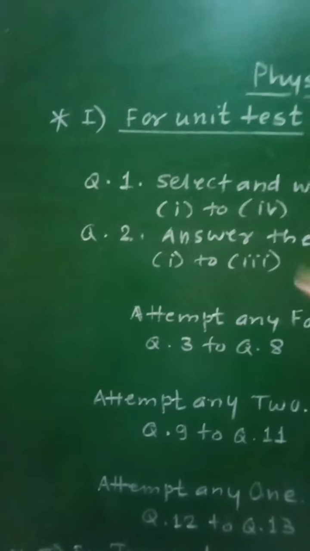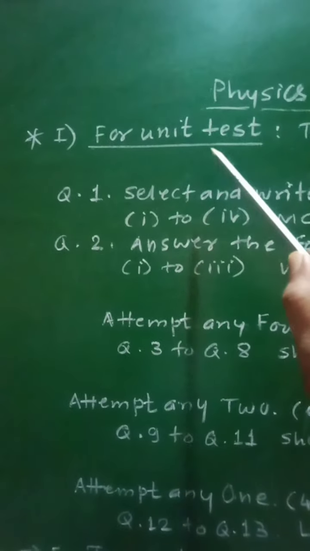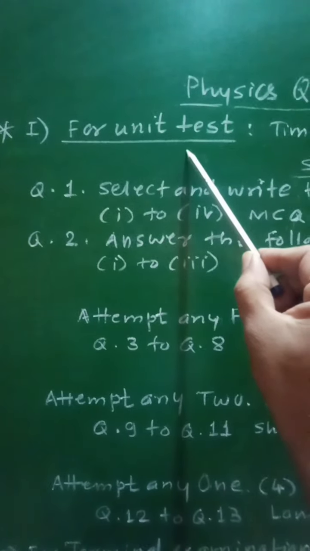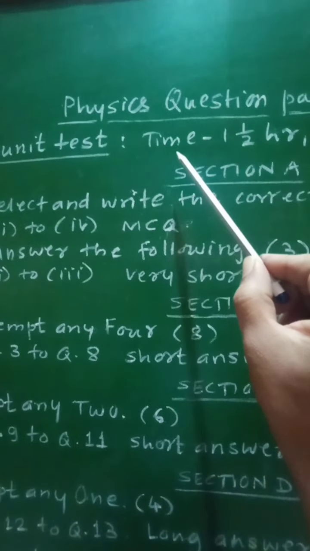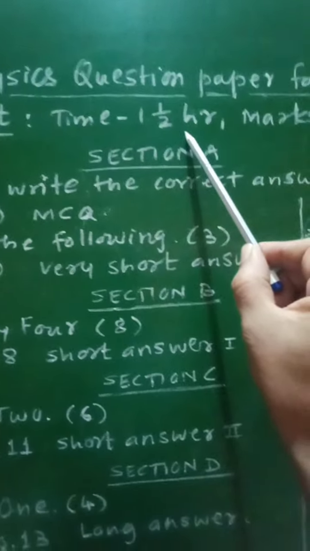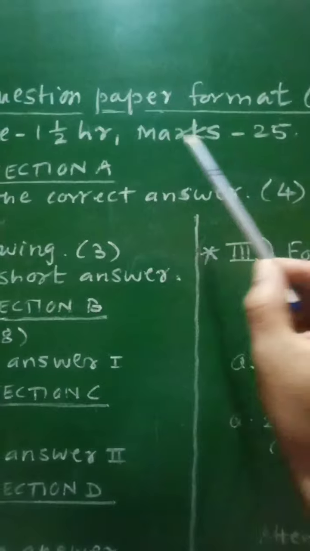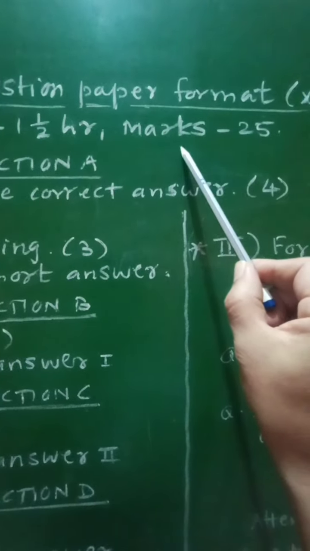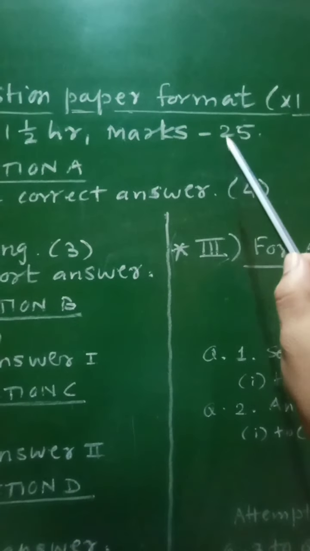First of all, we will see the unit tests for 11th as well as 12th. For unit tests, the duration of the paper will be 1.5 hours and it will carry 25 marks.